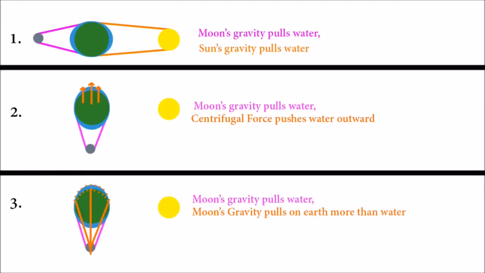But then to explain the other high tide, they say it's centrifugal force pushing the water outwards. But then in the last video, the guy says the moon's gravity is pulling the water. But then he says the moon's gravity pulls on the Earth more than the water, leaving more water on the top to create a high tide. So which one is it? Please tell me which one is correct, because I don't really think any is correct.